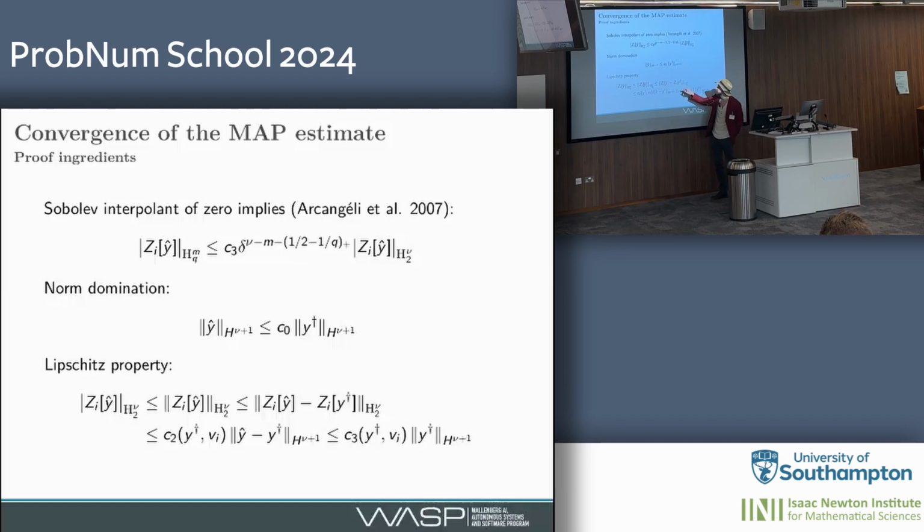And what I want is this kind of Lipschitz property, so that there is a constant that does not depend on our estimate, multiplied by the difference in some norm of smoothness nu plus 1 of estimate and solution. And of course, due to norm domination, I can just use the triangle inequality here to get rid of the estimate, and then just replace C2 by C3 and have the Sobolev norm of the solution.